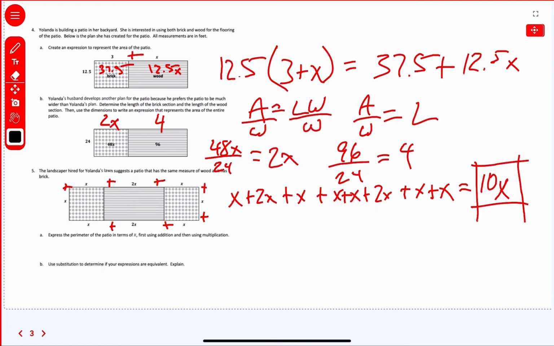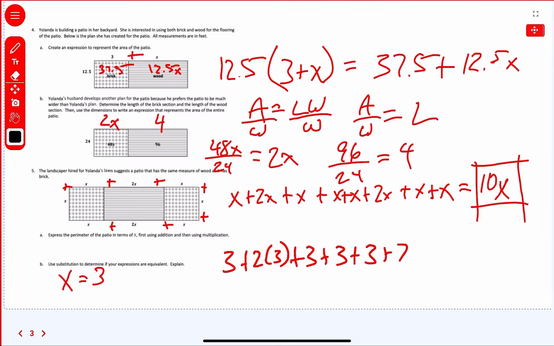Okay, B says use substitution to determine if your expressions are equivalent. Use substitution. What do they mean by that? Okay, so if we say let's use x equals 3, I'm going to write 3 plus 2 times 3 plus 3 plus 3 plus 3 plus 2 times 3 plus 3 plus 3.